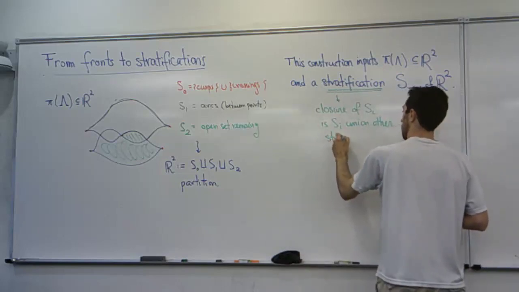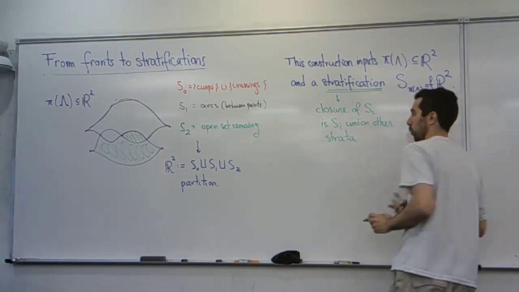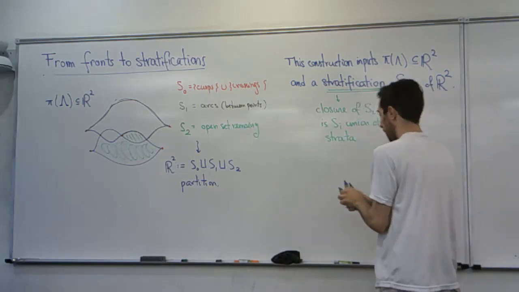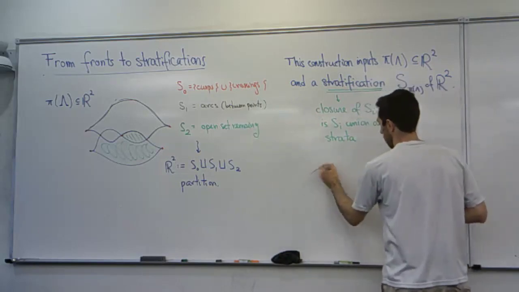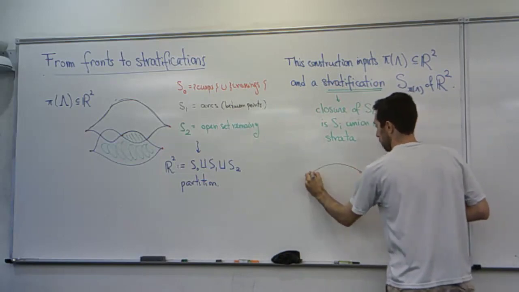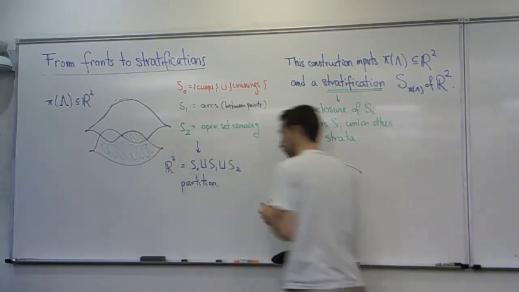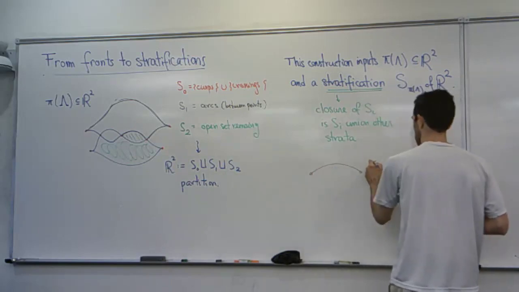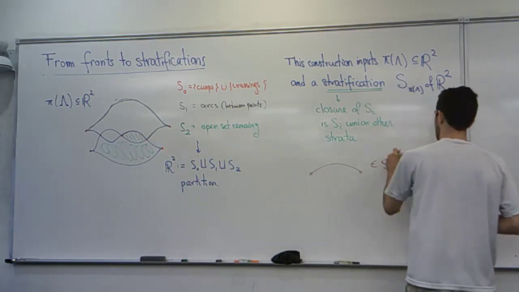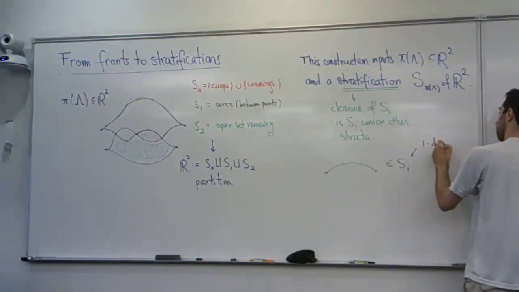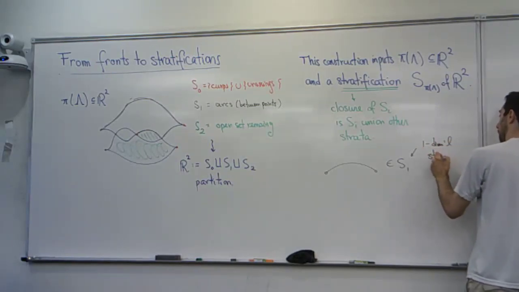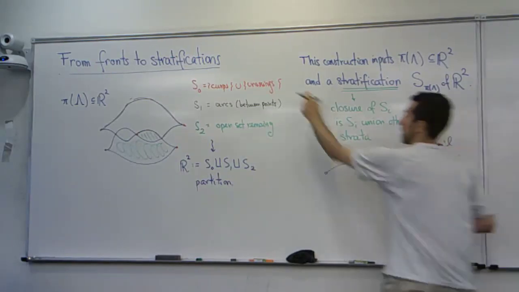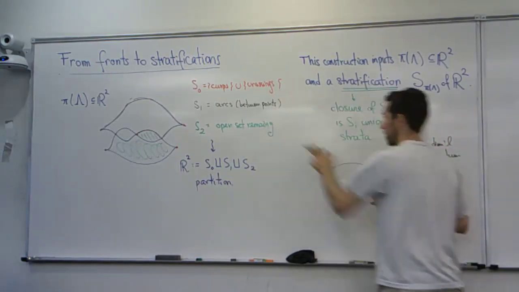So it's a union of the other strata. So for instance, let's do an example. If I take this set in here, remember, this would be a set like this one, this arc over here, that will be a set in S1. So that will be an example of a stratum in the one-dimensional strata. Zero-dimensional strata, one-dimensional strata, two-dimensional strata.